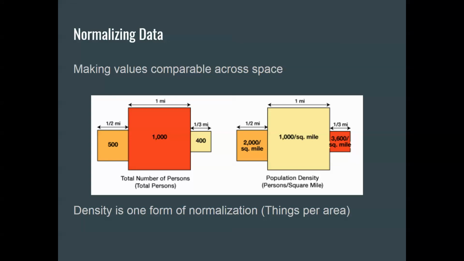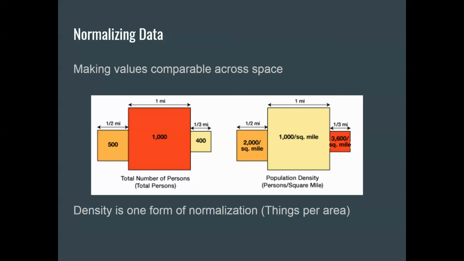Because again, think about a simple example. If I were to compare populations between Rhode Island and California, of course California is going to have more population because it's bigger. Well, sometimes we don't want the bigger aspect to come out. We want to know something about people and be able to compare them.